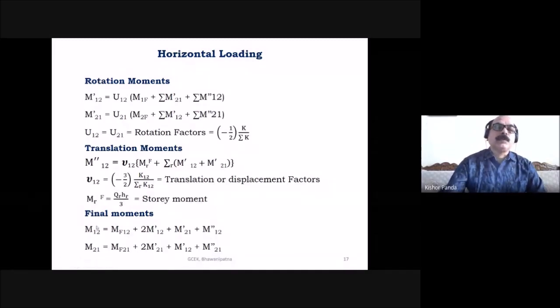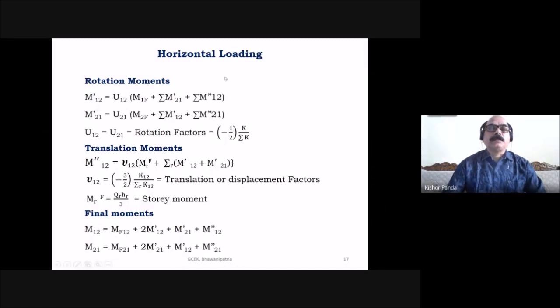So this is the formula you have to remember when the horizontal loading is acting. This is the summary of the formula. The sum of the rotation factors should come to minus half, and the sum of the translation factors should come to minus 3/2. And you have to remember what the story moment is. So what is the force acting, you have to find out the shear force in the story and the height of the story, and accordingly you can find out the story moment, MRF.